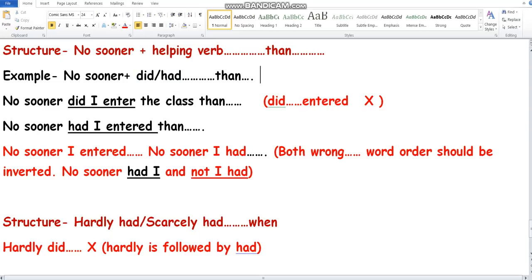I have already told you this. Rest everything is the same, no comma to be put, and like no sooner, hardly and scarcely also are followed by the helping verb. Immediately after hardly, you have the verb.